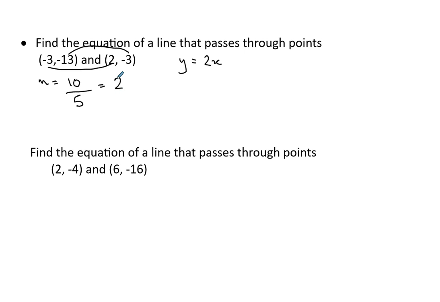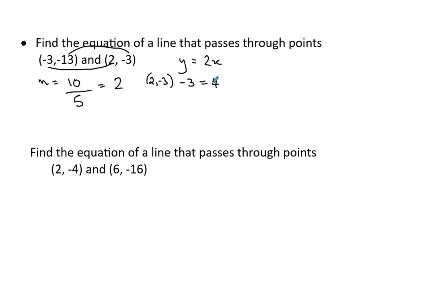Now, in order to find the c, you substitute one of the points in here, because you know that point lies on this line, and it has to satisfy the equation. So let's try putting in (2, -3). Instead of y, we'll put the -3, the y coordinate, and then 2 times 2 is 4.